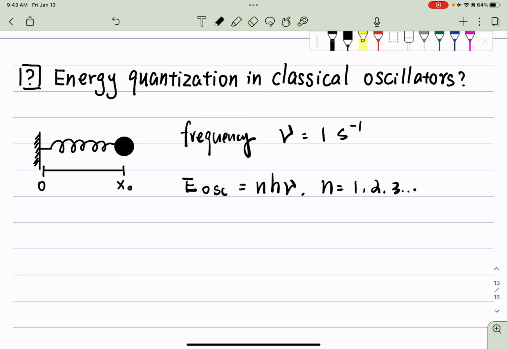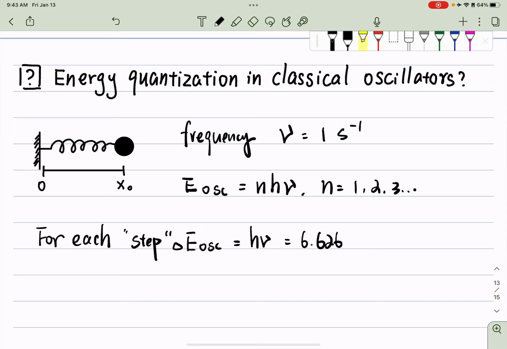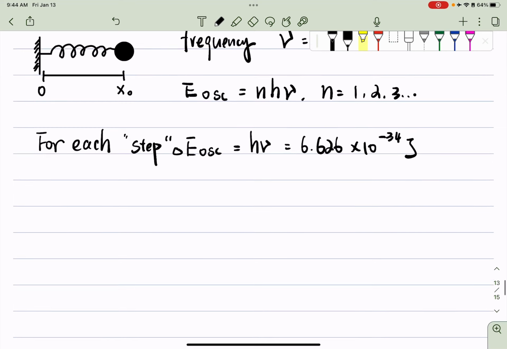So for each step of this classical oscillator, delta E oscillator is h mu, which is about 6.626 times 10 to the negative 34 joule. So the Planck constant is a very small number. For this macroscopic oscillator that's vibrating every second, each step is 6.626 times 10 to the negative 34 joule.